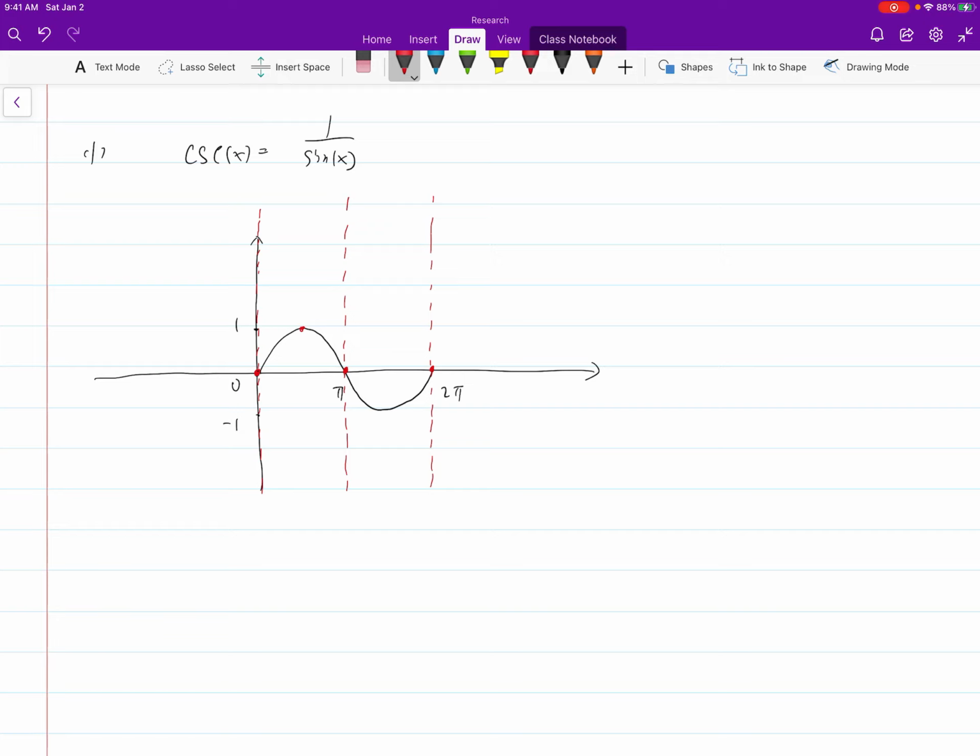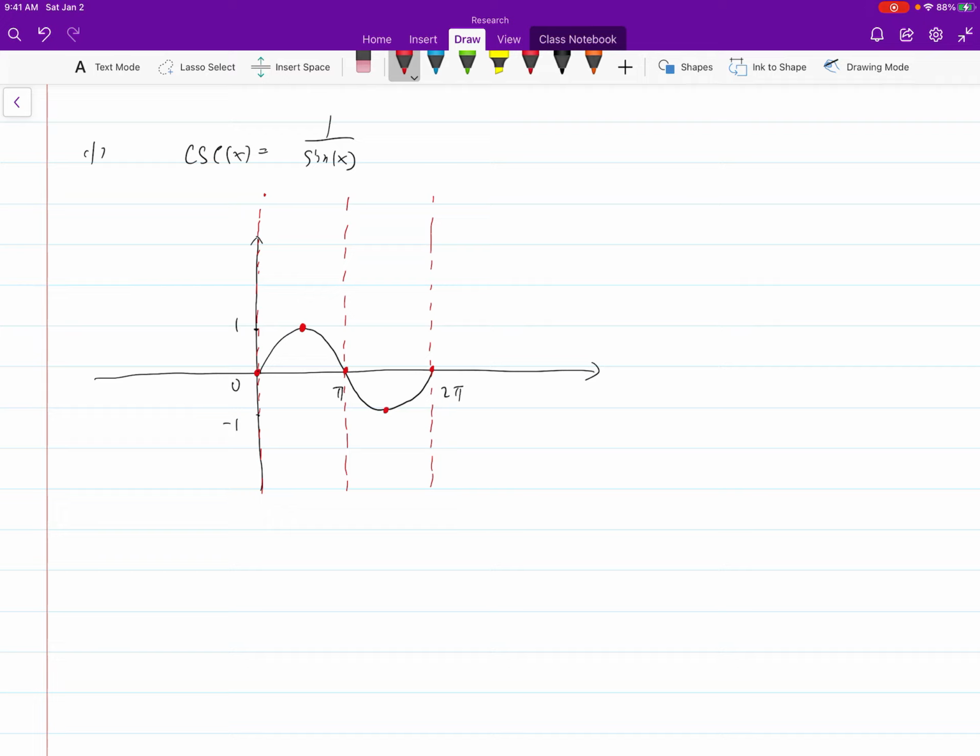Now here, you have your biggest sine x, which is 1. Therefore, you have the smallest cosecant. Remember, you flip it, which is your cosecant, 1 over 1, which is also 1. Similarly, here you have the biggest negative number, which is negative 1.